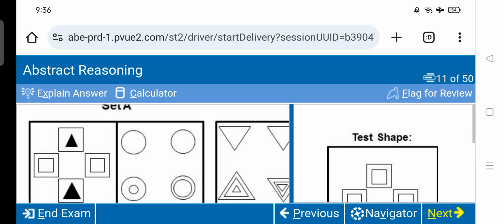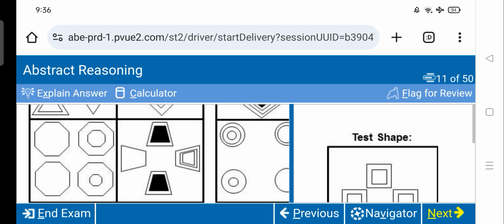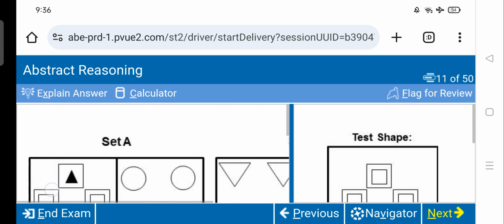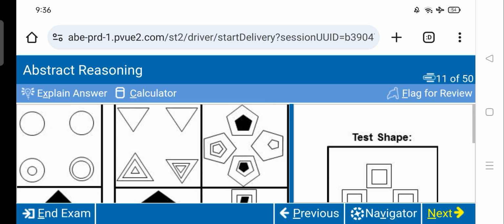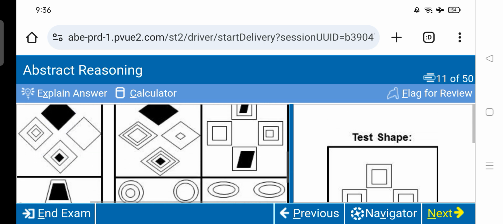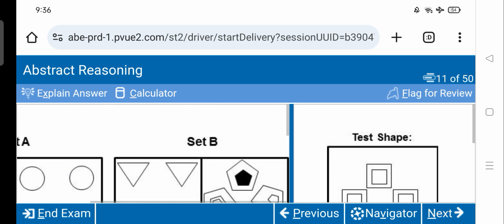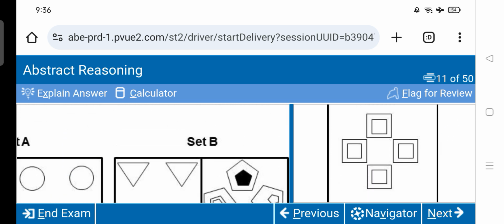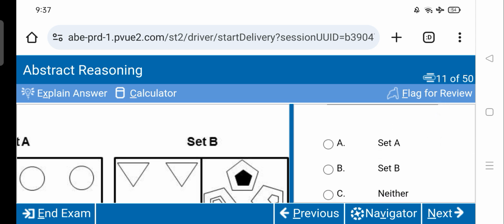In the next question we have these shapes of set A, as you can see here. Then we have set B. And the test shape is given and we have to tell which set it is related to. Again, the same options we have.